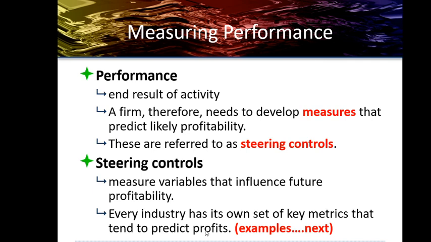So what is important is that steering controls are variables that we have to measure in order to predict our profitability, and of course each industry will have different steering controls in predicting its future profits. Let's see examples of steering controls in different industries.